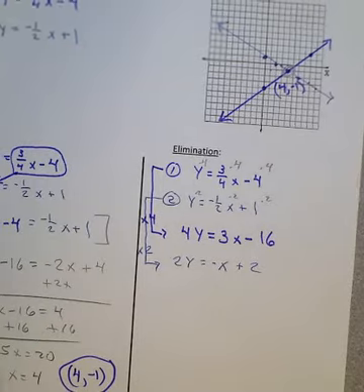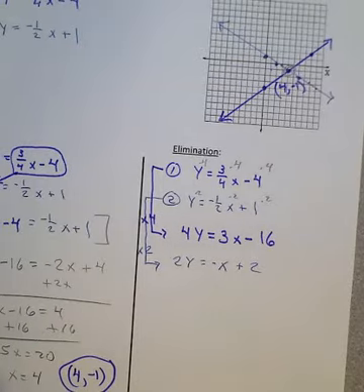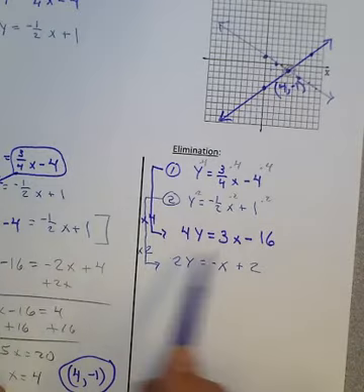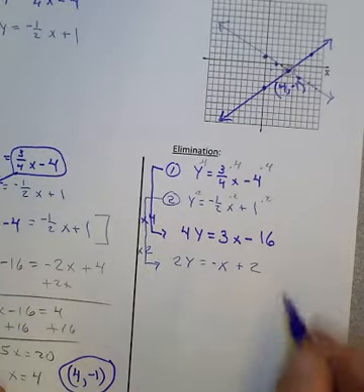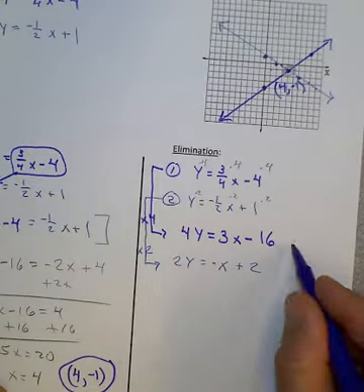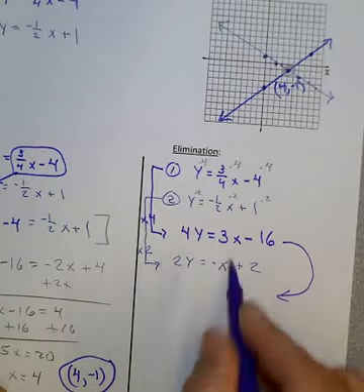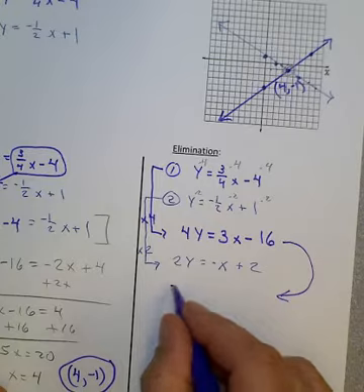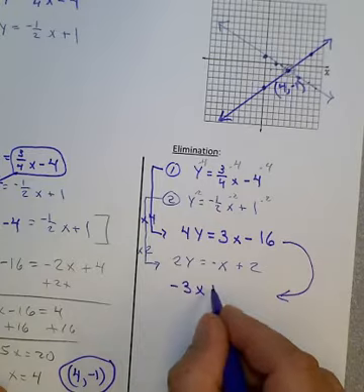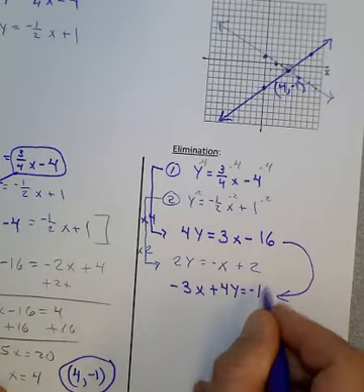So I'm going to rewrite equation 1 and equation 2 in standard form, and I'm not quite there because I don't have the x's and the y's on the same side of the equation. When I move the x over, it becomes negative 3x plus 4y equals a negative 16.